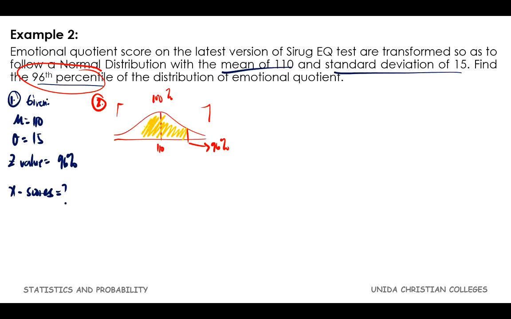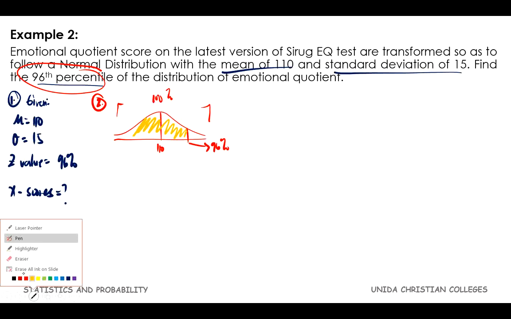So alam natin na this is 96. So ito tayo, itong ating starting here. Nabura ko. Sorry. Ito yung 96 percentile. Okay?